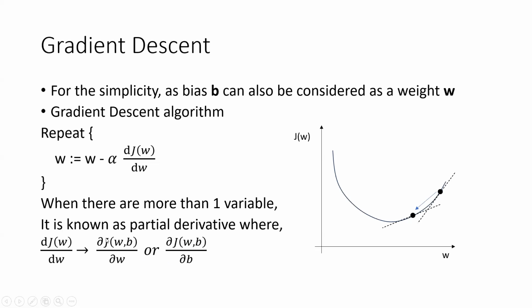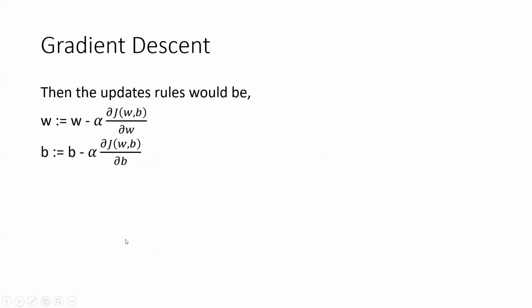This is for W and this is for B. We have used ∂ here instead of d because we have more than one variable in the J function. So this is the difference between partial differentiation and full differentiation. If you don't have a sense, just forget it, this is just the notation that we use.